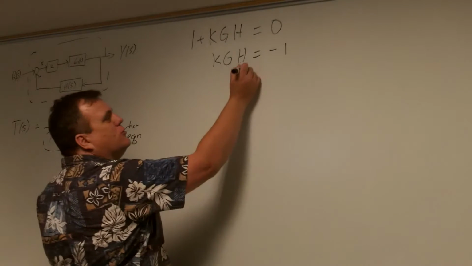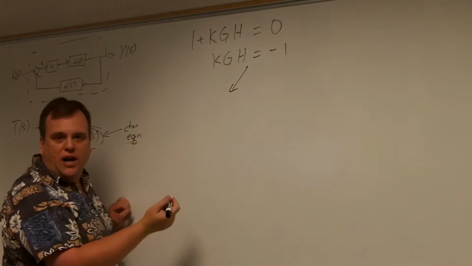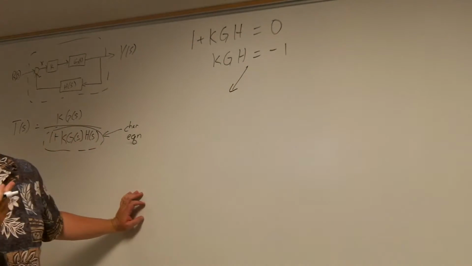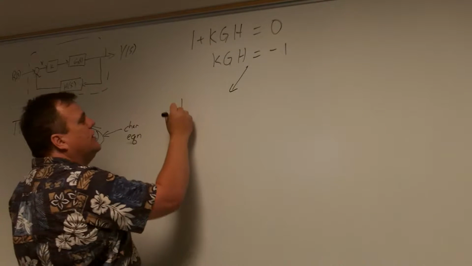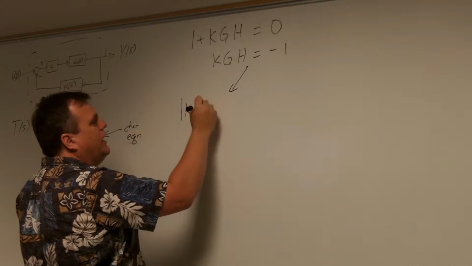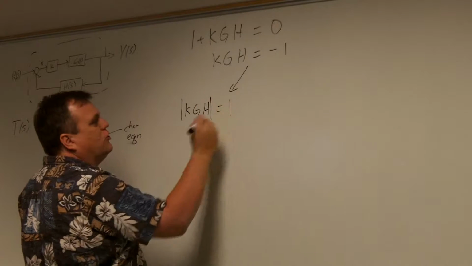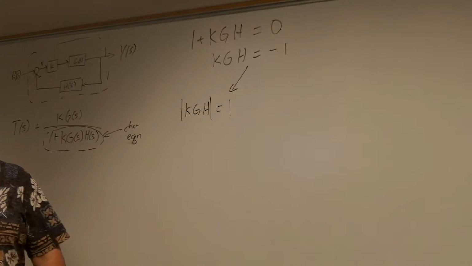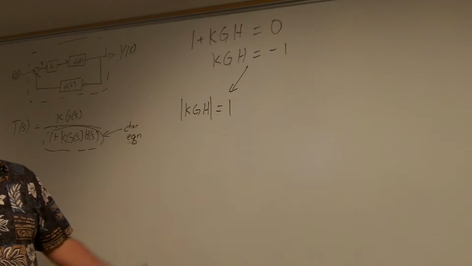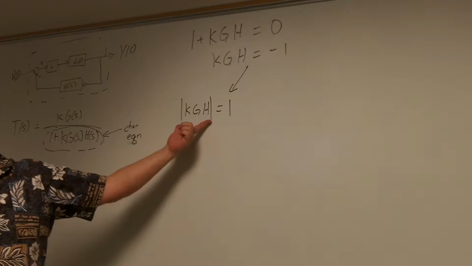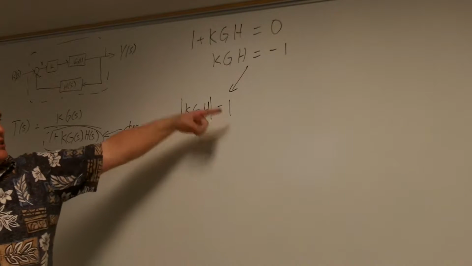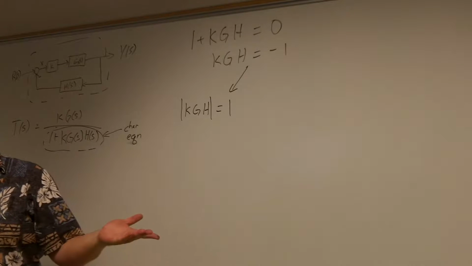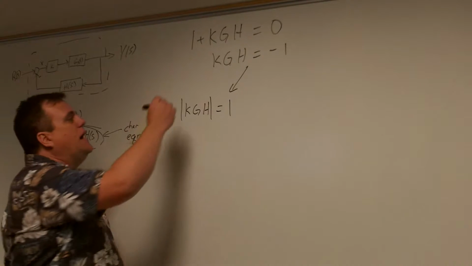Well, to figure out the magnitude, I just take the magnitude of both sides. That's the absolute value since these are scalars. So that means the absolute value of K, G, H has to equal 1. This one I can't do much else than tell you take the absolute value. But this side, the absolute value of -1, is trivial. So this is the magnitude equation.